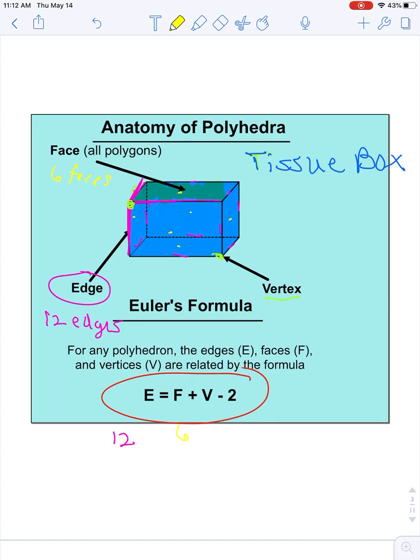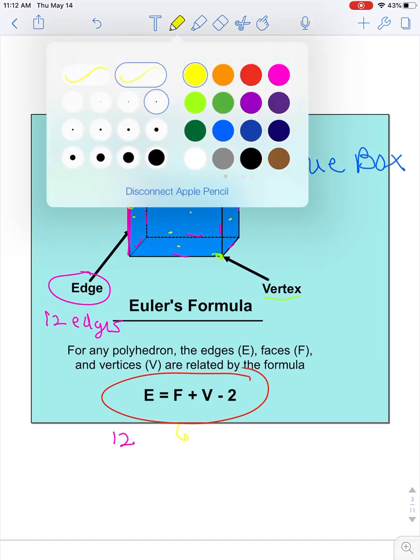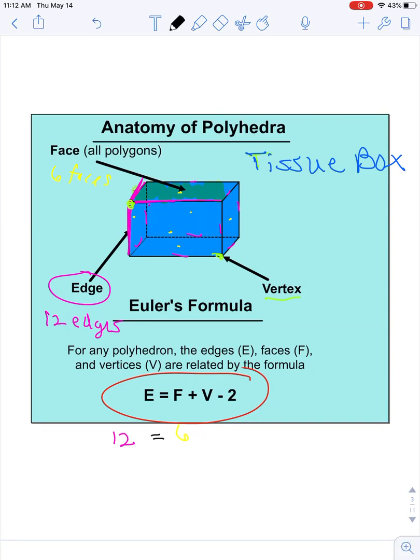We said 6 faces, and then if we add the vertices minus 2, we could actually solve this for V and not have to count them. And so this is kind of how and why this formula might be useful at times, rather than having to count all of the vertices.